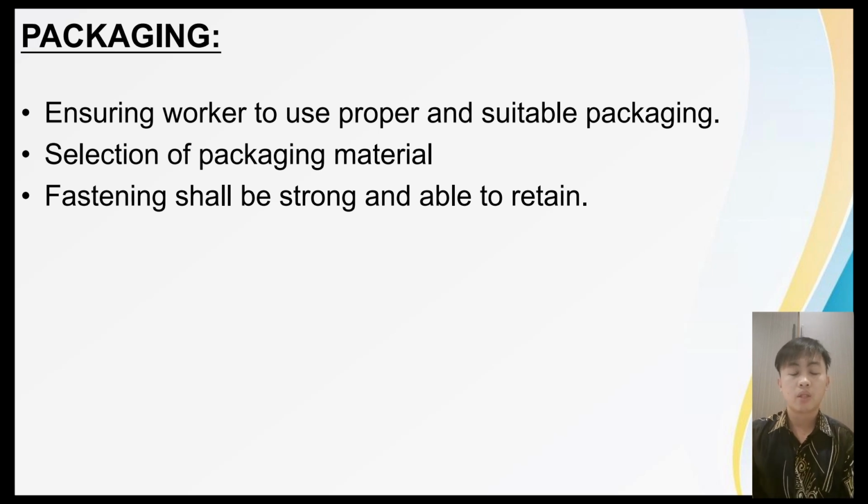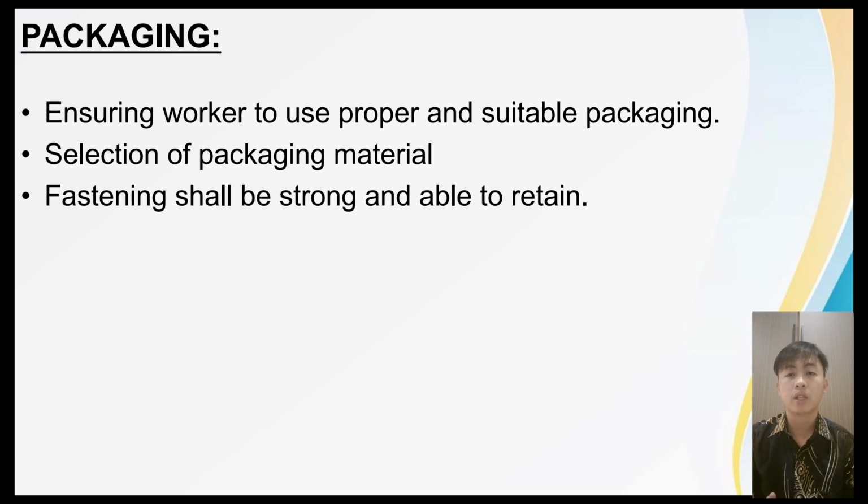Okay, the best packaging method that we found for this waste is by using a drum or oil barrel, since our waste is oil. The next, selection of packaging material is very important. Why? Because it keeps chemical waste from any spill or leakage.